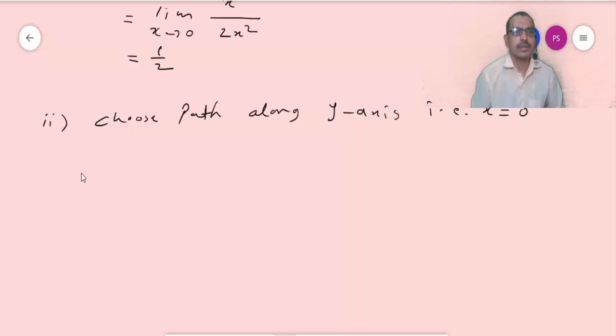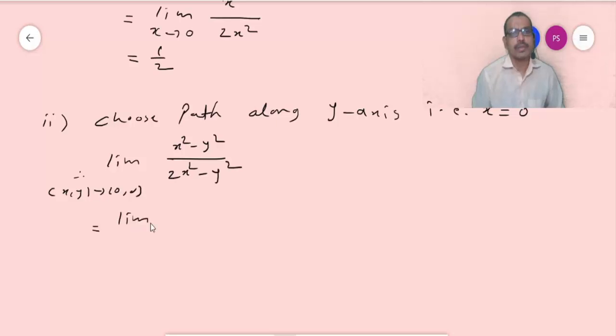Therefore, the limit of the function x square minus y square upon 2x square minus y square as xy tends to 0, 0 is equal to the limit, here we choose the path along the y-axis. Therefore here the limit y tends to 0, and for x is equal to 0, we write here minus y square upon minus y square. Therefore the value of the limit is 1.